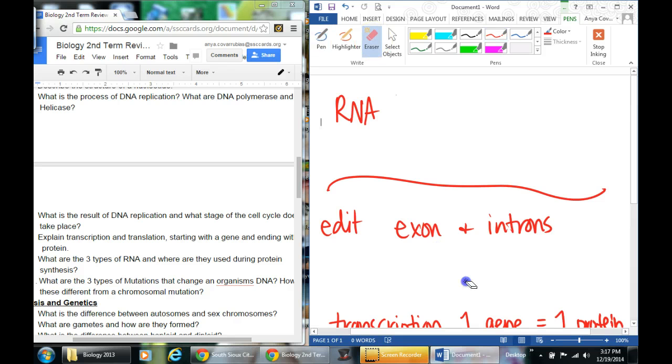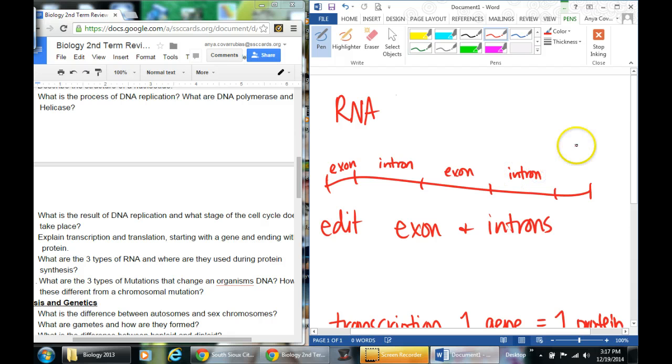So exons are going to exit, and that means that they are going to be, whoops, I didn't mean to erase that. The ones that are going to head out and be part of translation. So if this is an exon, this is an intron, this is an exon, and these are just regions of DNA. Now the introns are going to stay inside of the nucleus.